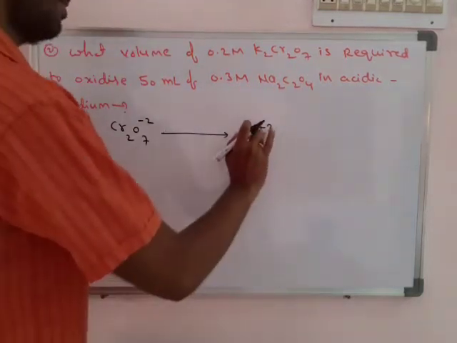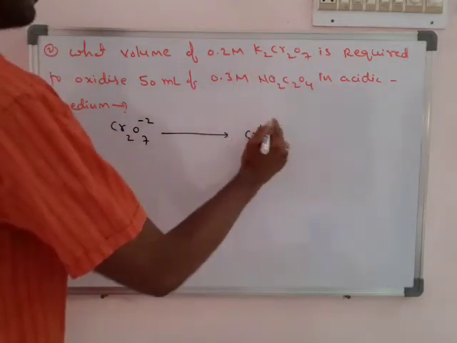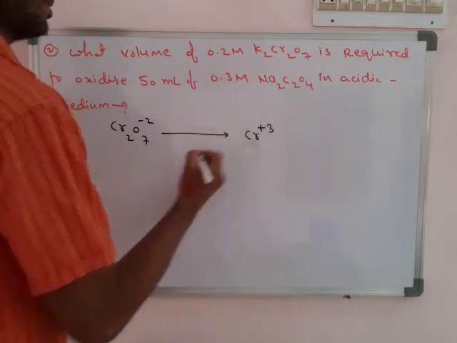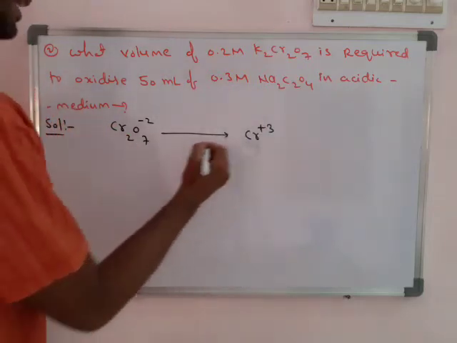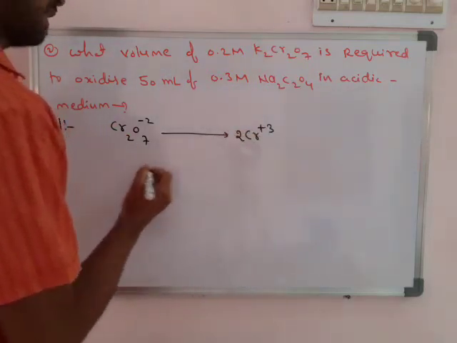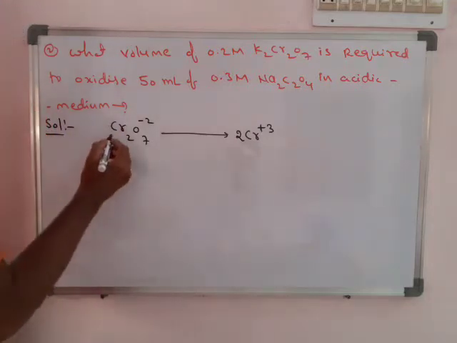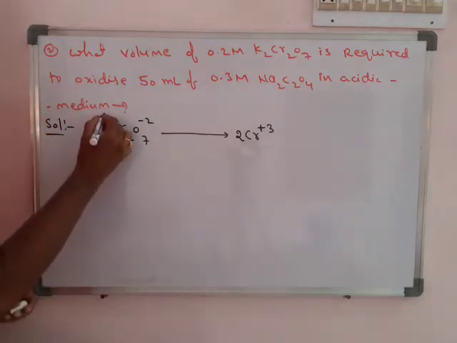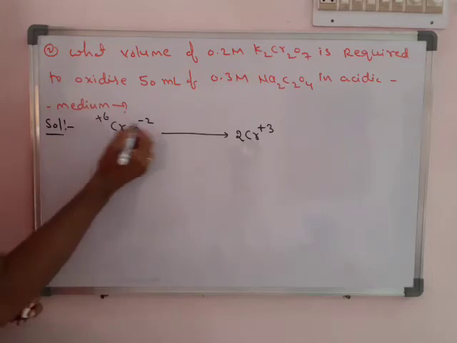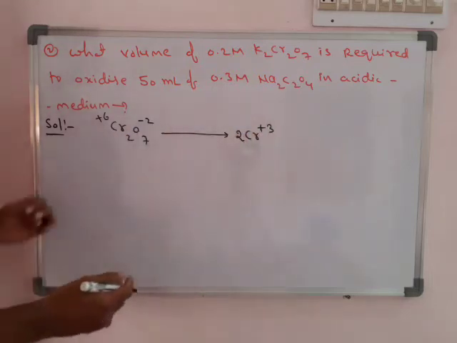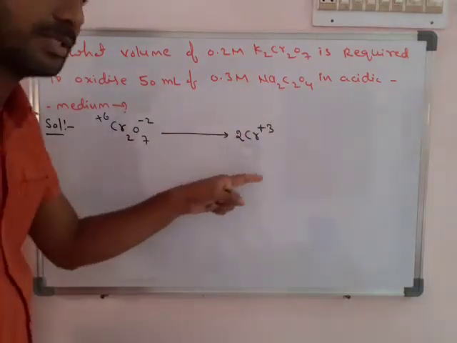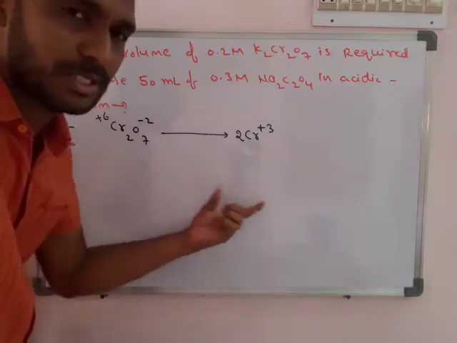In acidic medium K2Cr2O7 works as an oxidizing agent, meaning itself it is reduced. How many electrons? Its oxidation number is plus 6. Two chromiums are in plus 6 and go to plus 3. One chromium plus 6 to plus 3, the second chromium also plus 6 to plus 3.